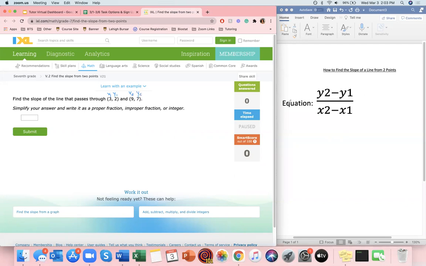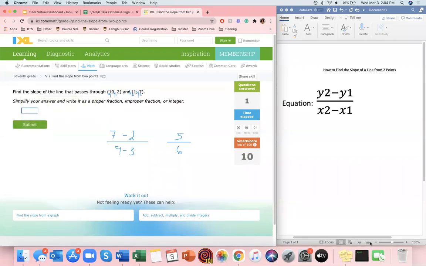Following our equation, we would do y2, which we said was 7, minus y1, which we said was 2, over x2, which we said was 9, minus x1, which we said was 3. 7 minus 2 is 5, and 9 minus 3 is 6, and that is our answer. So let's write 5 over 6. Cool, let's clear this.